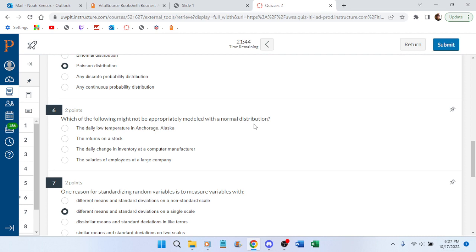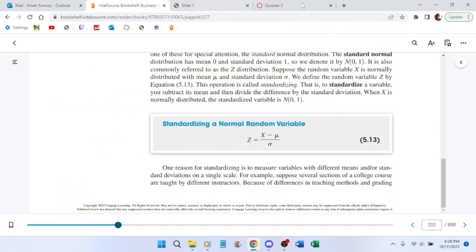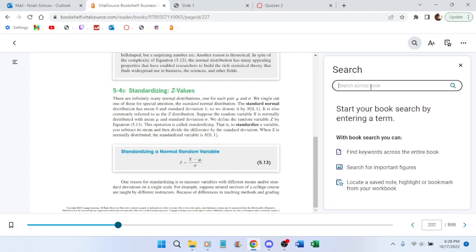Returns. Come on. The daily low temperature. I don't remember them even mentioning that specifically.